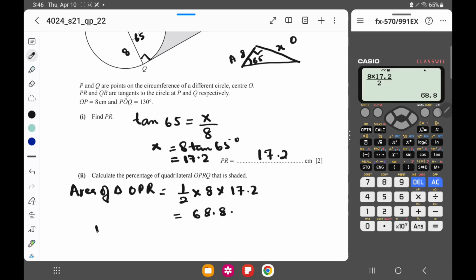The total area is 2 times 68.8, that is equal to 137.6.